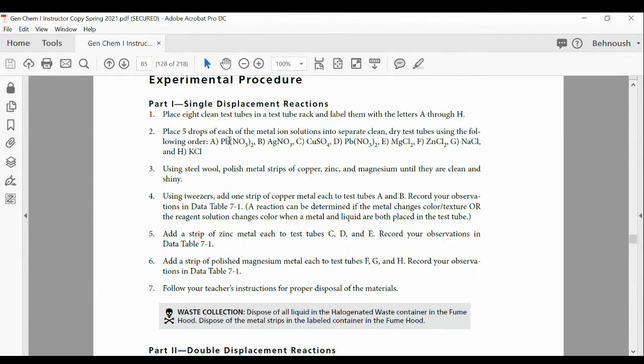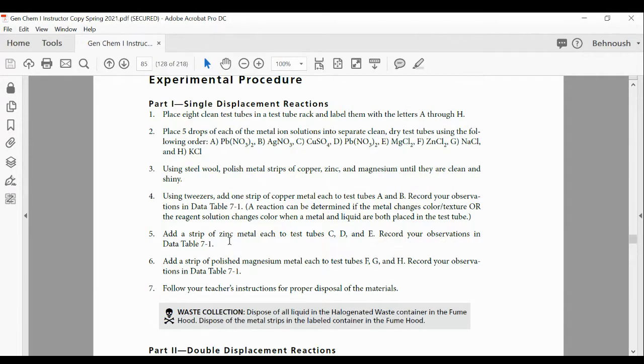So the metal ion is going to be Pb2+. That's your metal ion. The metal ion is the metal that is coming from the aqueous solution that you are placing in. And then the metal is what you are placing in the test tube.